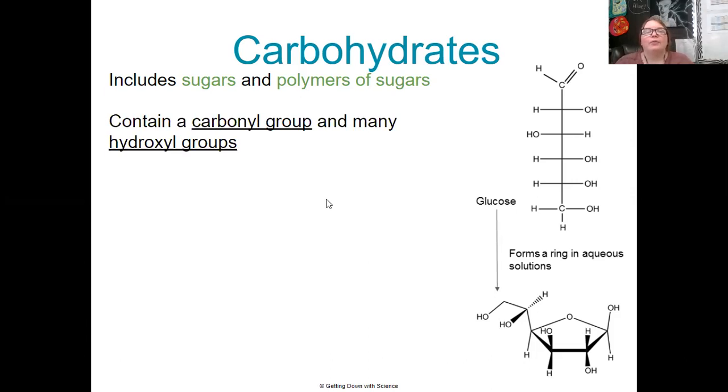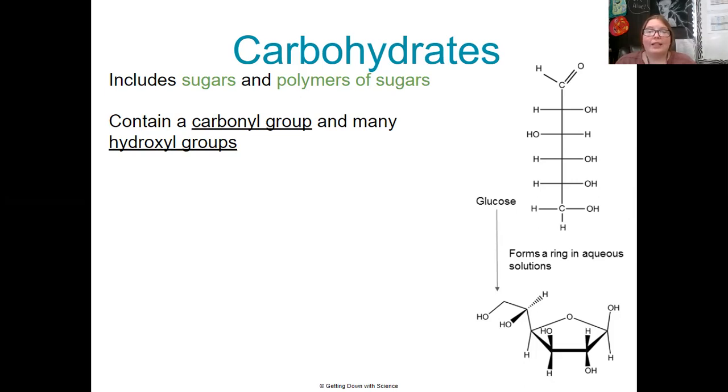So carbohydrates generally contain a carbonyl group and many hydroxyl groups. Again, I'm filming at the school, so I don't have access to my iPad. But if you look over here to the side, you will see that we have that covalently bonded carbon and oxygen. So that's a carbonyl group.